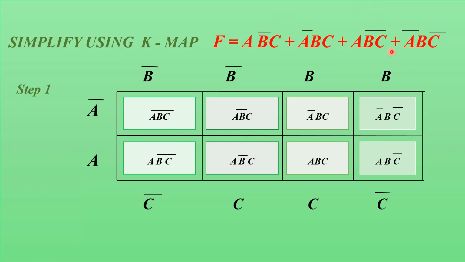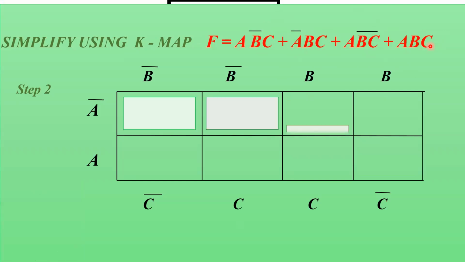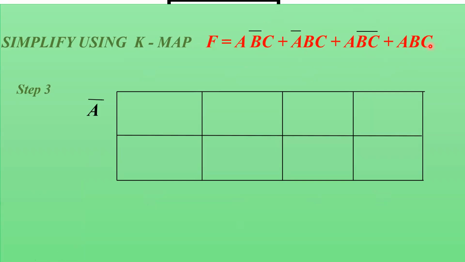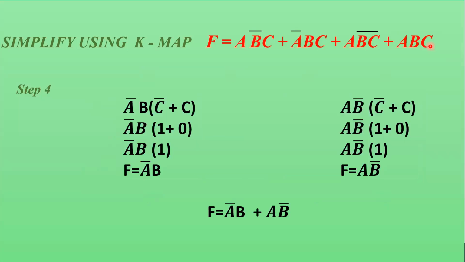Okay, now look the gate 1 and gate 3. Gate 1 and gate 3 make one group. Gate 2 and gate 4 make the second group. Clear? Okay, now simplifying it. According to equations, gate 1 and gate 3.